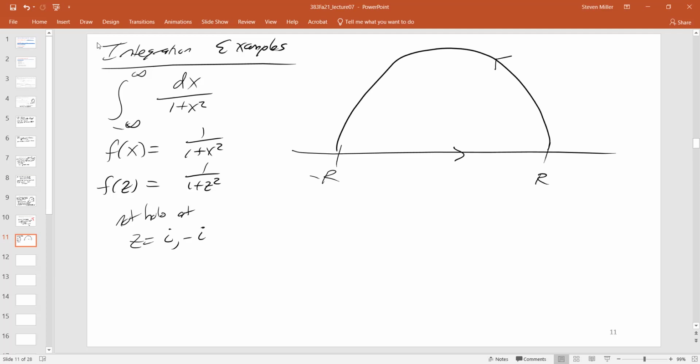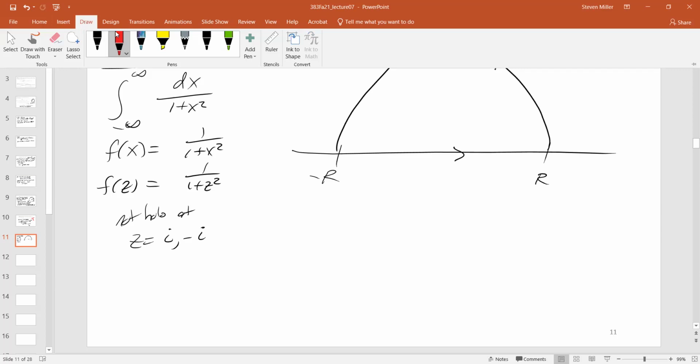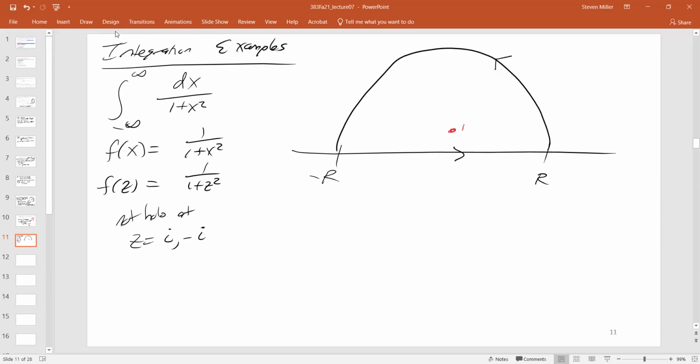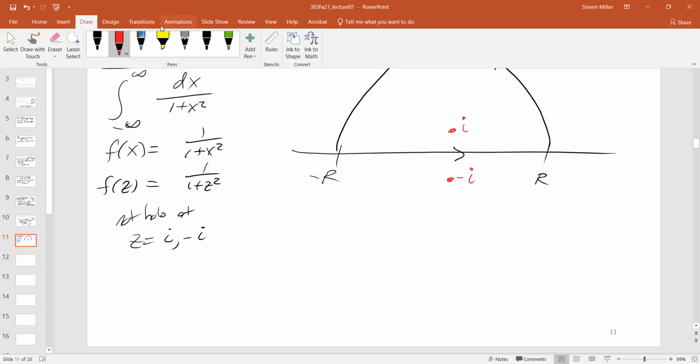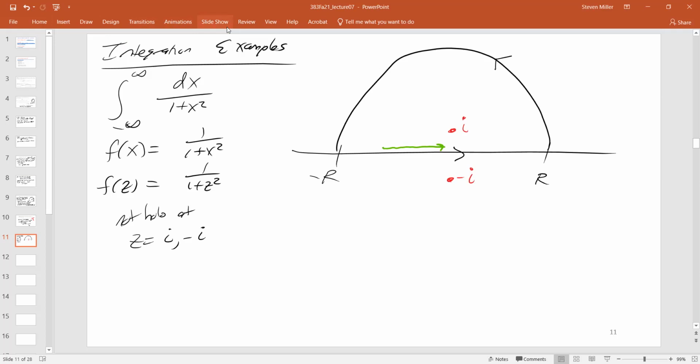And if we look to see where the function blows up, here's i, and here's minus i. So we have 1 point of difficulty that's inside the region. And so what we would want to do, when we're integrating along here, is be coming down like this, come up, go around, come back, and continue.